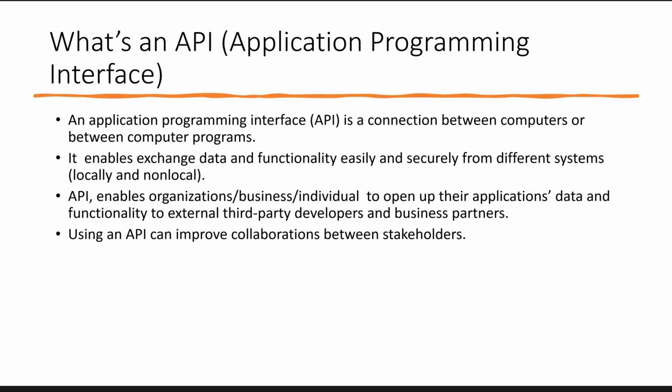An API also enables businesses or individuals to open their application data and functionality to external third-party developers and business partners. The advantage of this, look at this example. For example, you have a business with a company that has software which is already operational, and another business needs that software.